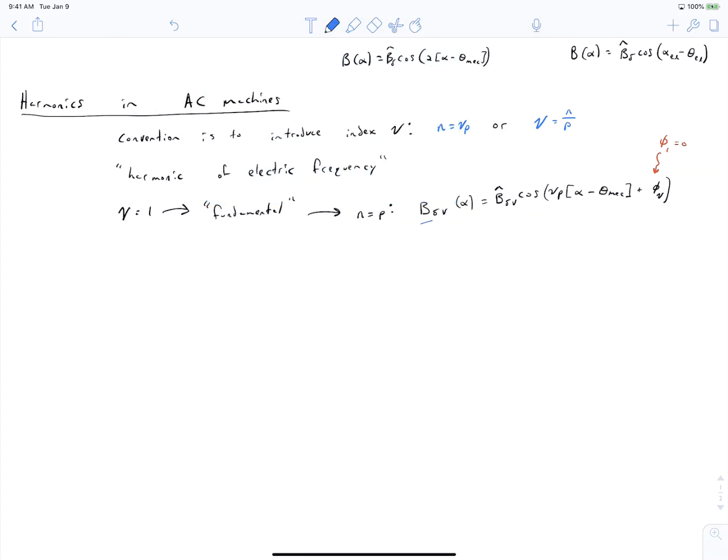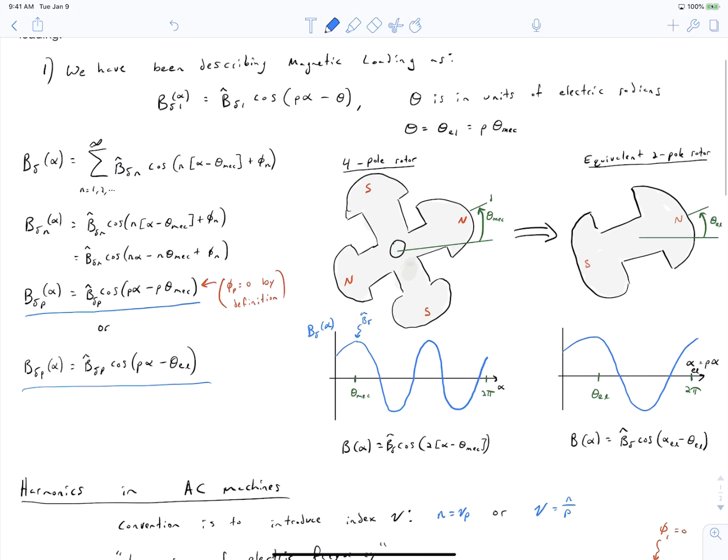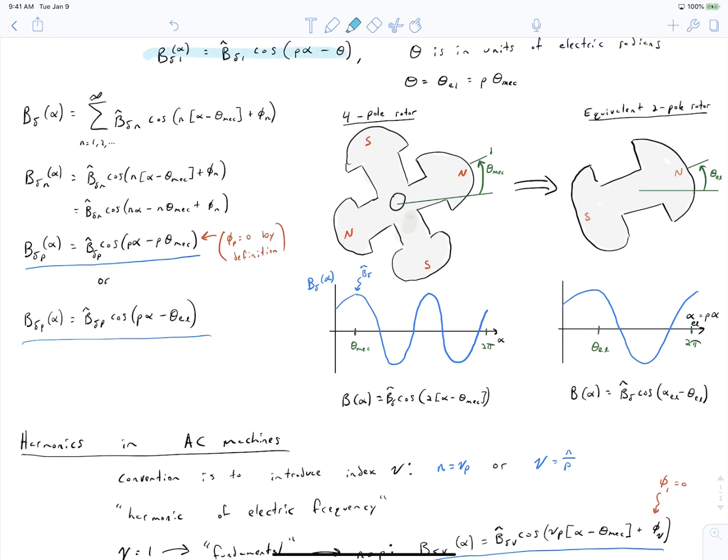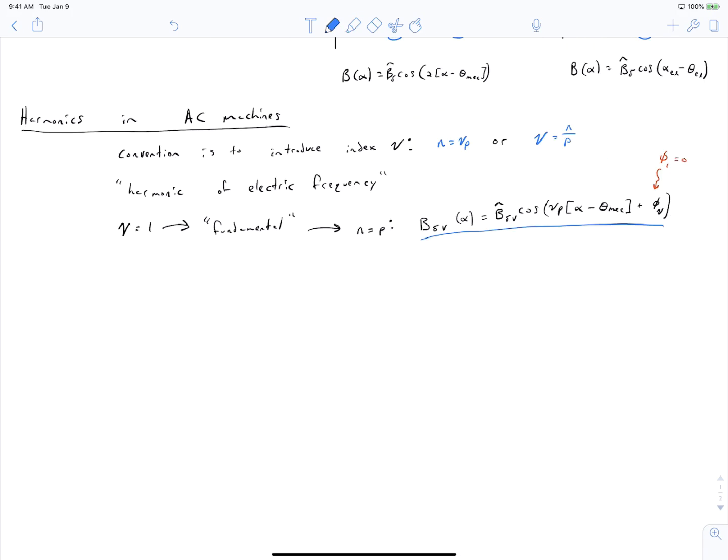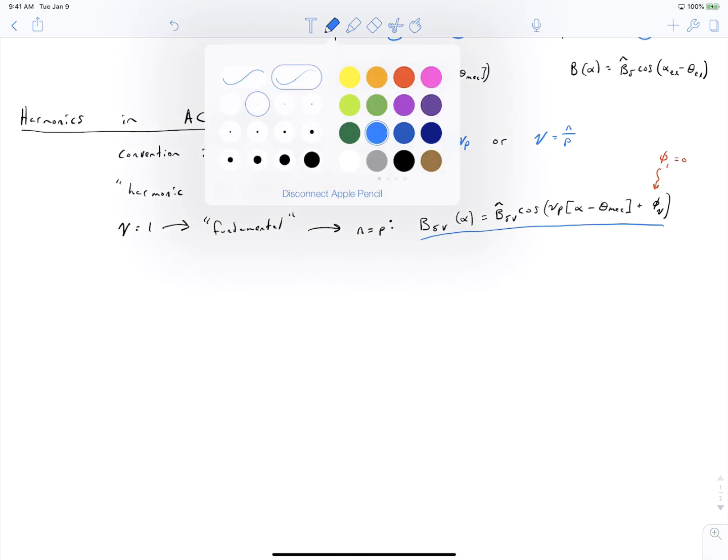And so we've now rewritten our expression for the field in our air gap in terms of this variable v. And we can see that if we're talking about the fundamental, or the magnetic loading, that is at v equals 1, which then matches our expression up here and corresponds to this expression when we write it in terms of our index n. And we can construct a table showing the mapping of v and n.